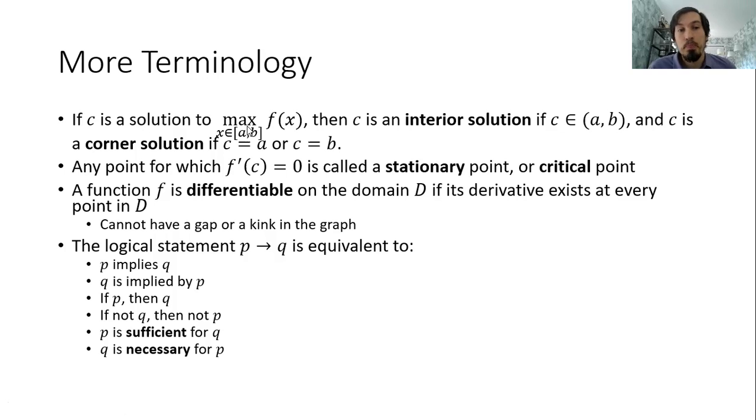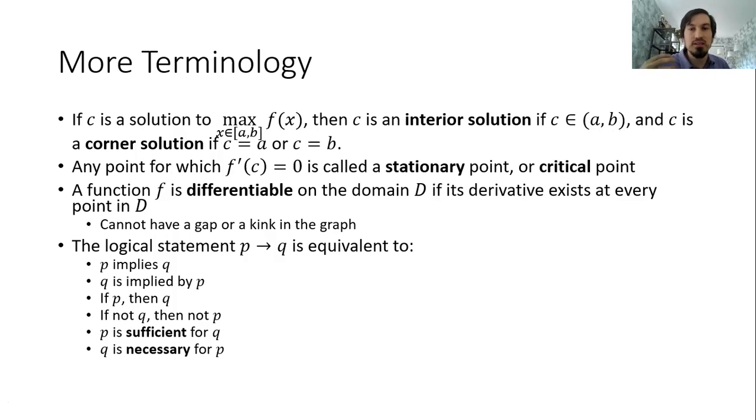That says, if I give you this problem, maximize f on the range X in the interval A to B. If you find a solution, let's call it C. If C is some solution, and it happens to be in the interval A and B, but not one of the two extremes, you call that an interior solution.